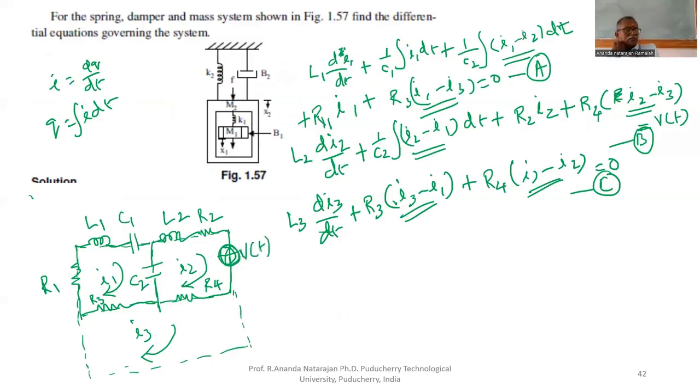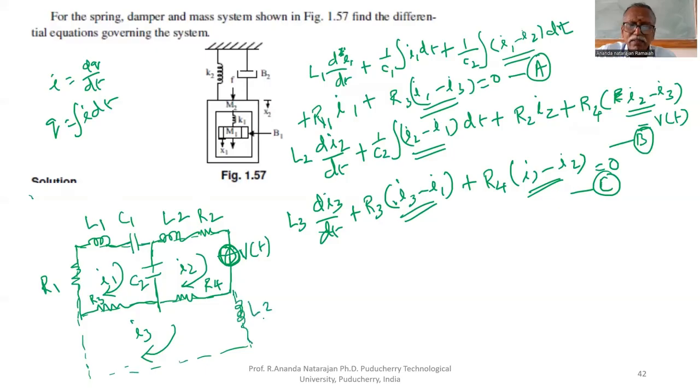V of t. So the capacitor, I have to remove this. Some line is there. Be careful. Okay, this is the capacitor, remarked. Mind those things. L3 is in the third loop only.